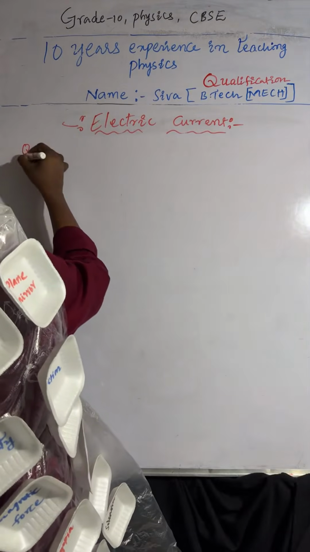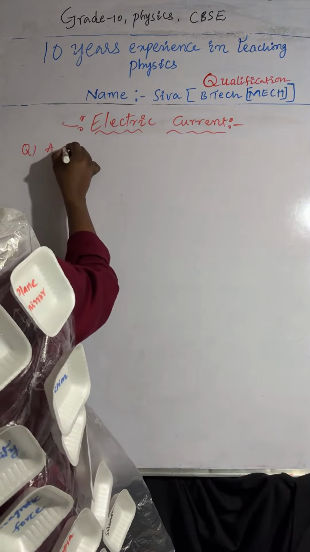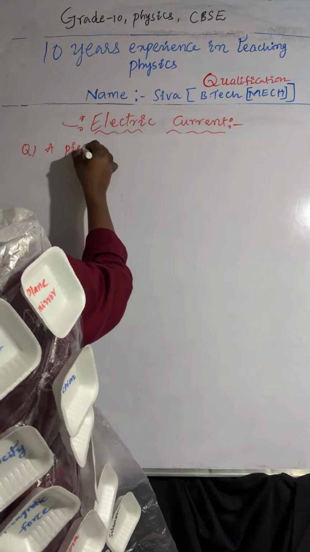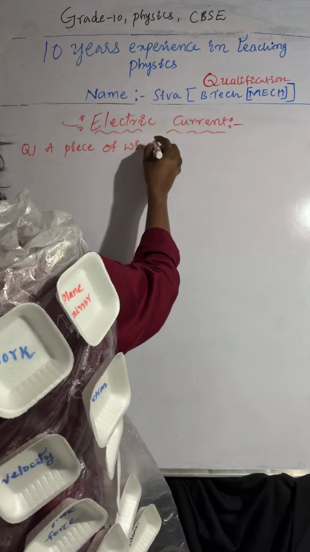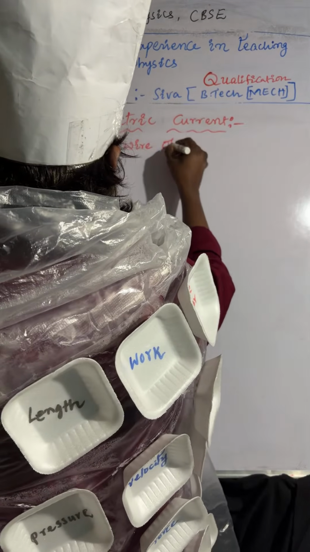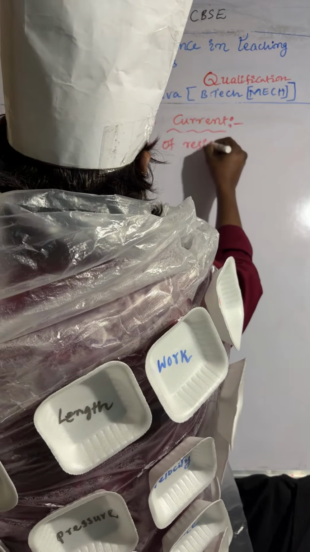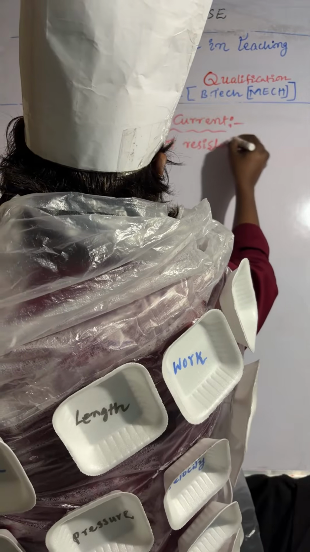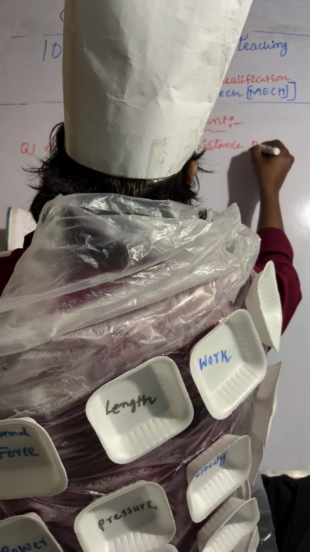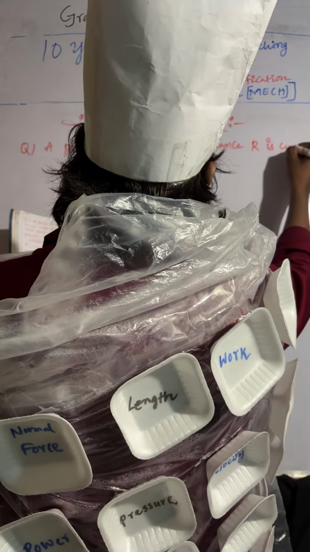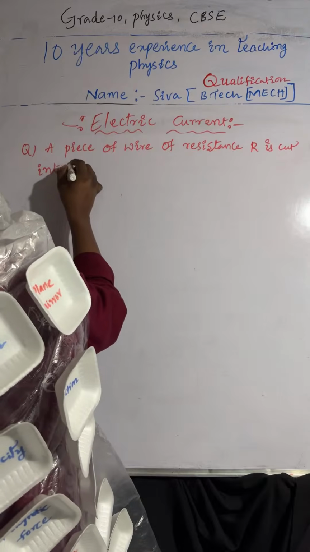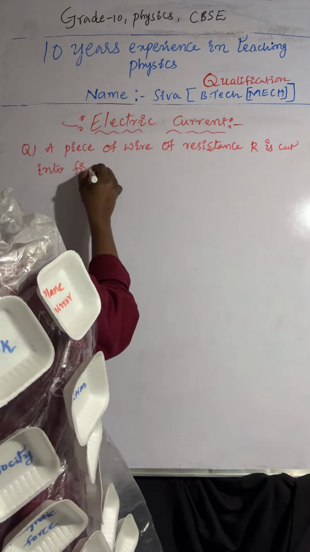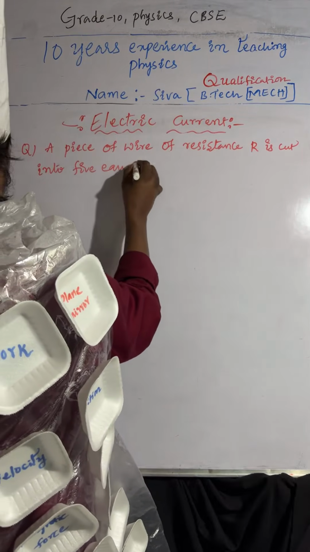A piece of wire of resistance R is cut into five equal parts.